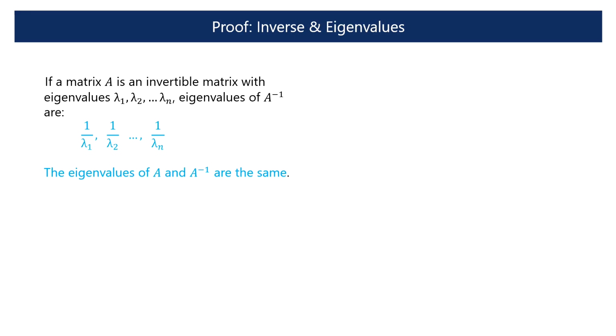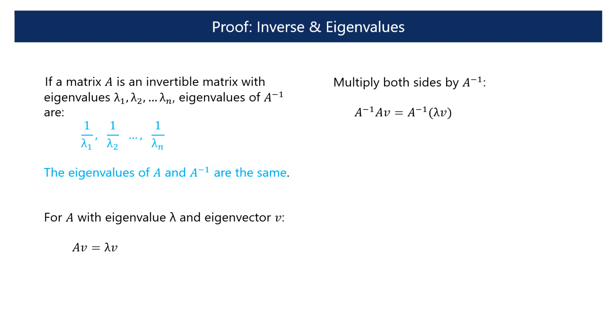Let me show the mathematical proof of this property. For a matrix A with eigenvalue lambda and corresponding eigenvector v, we have this equation. In this case, A is invertible, so we can multiply both sides by A inverse. Let's simplify the left side.